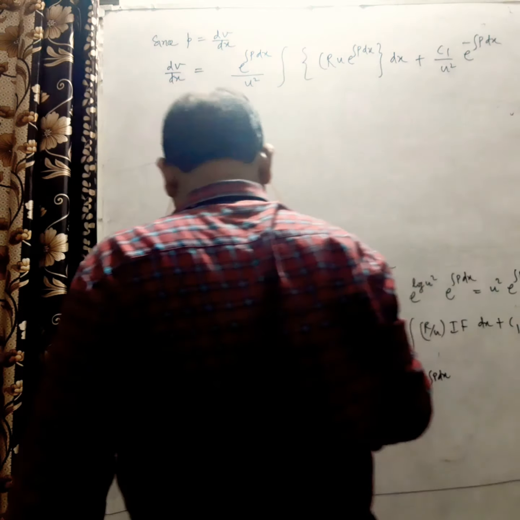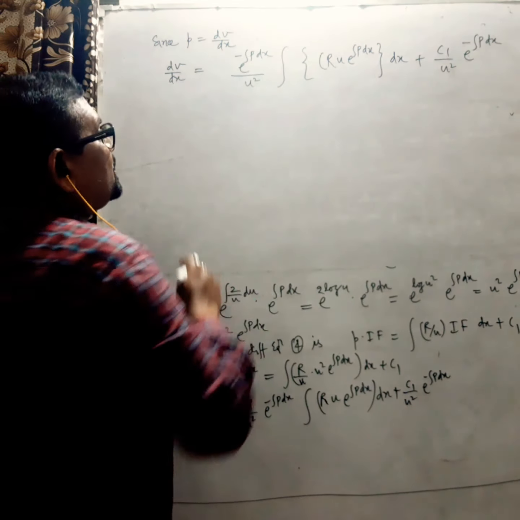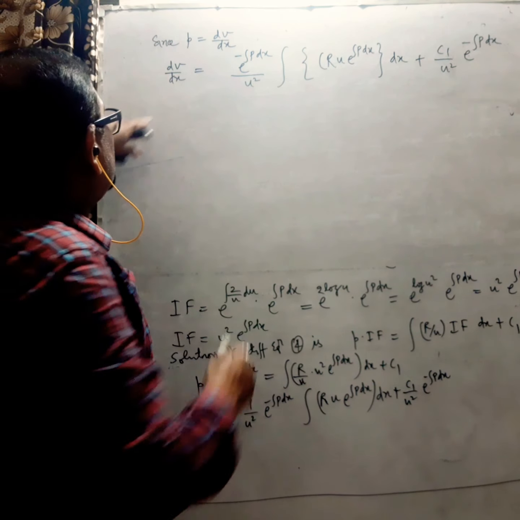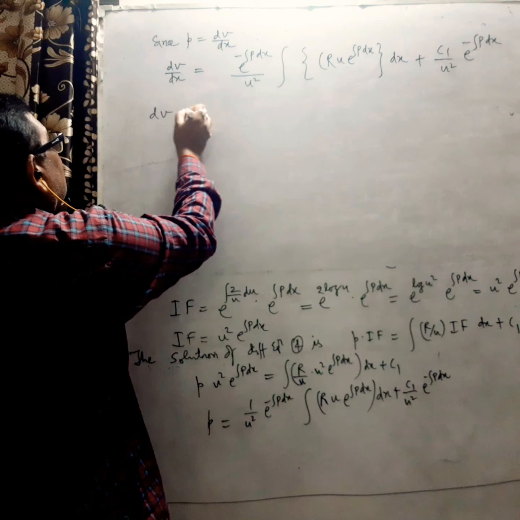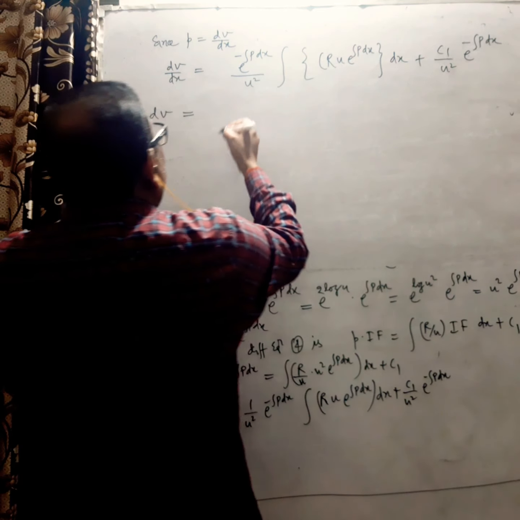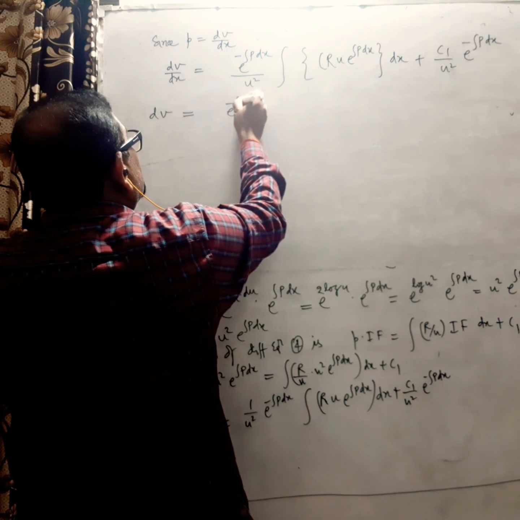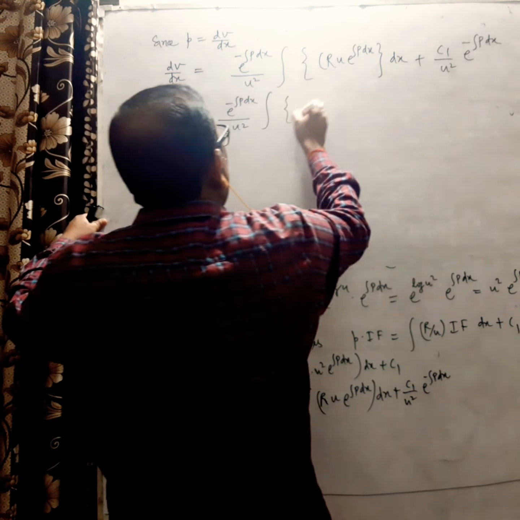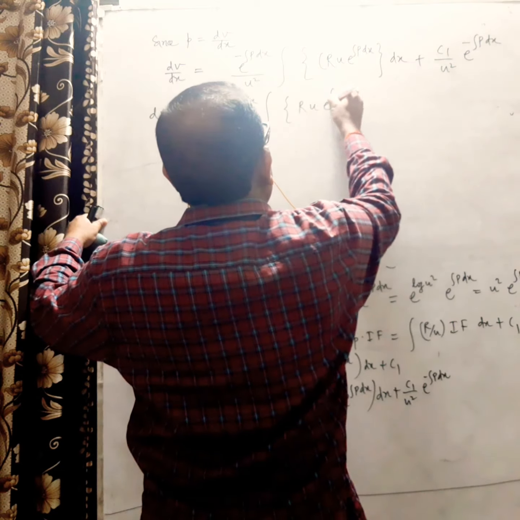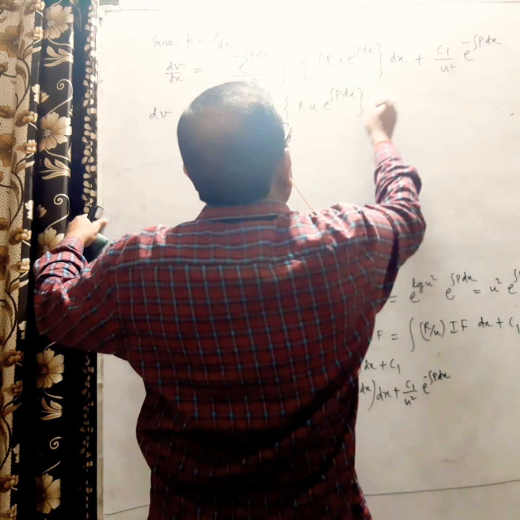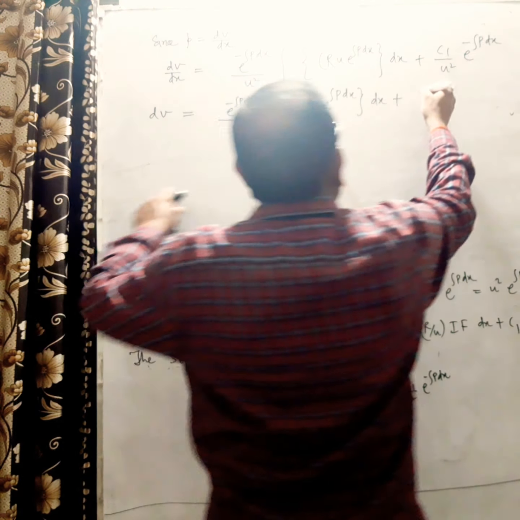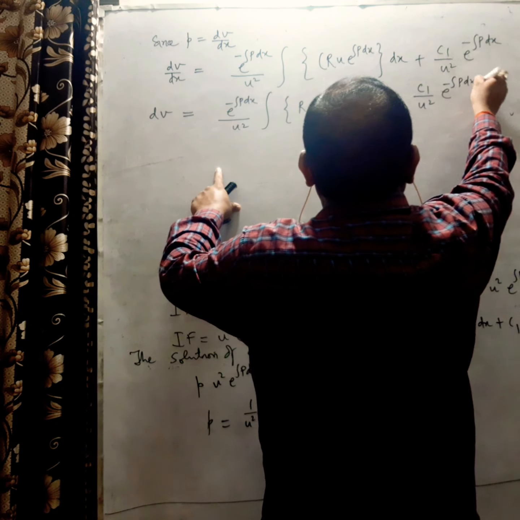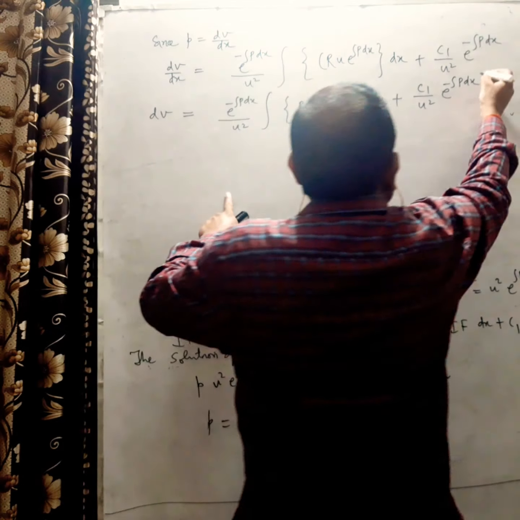Of course, this is minus integral p dx. Further, when we take dv is equal to e to the power minus integral p dx upon u square, integral r u e to the power integral p dx dx plus c1 upon u square e to the power minus integral p dx into dx.